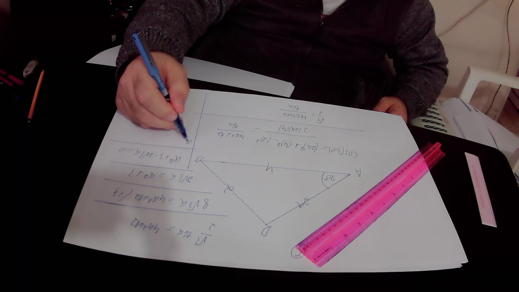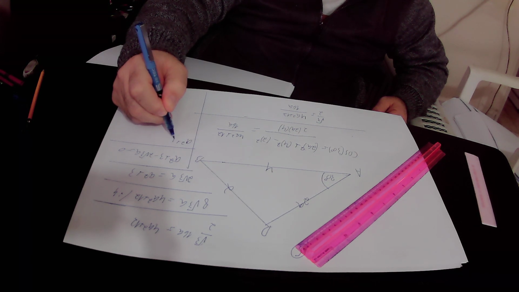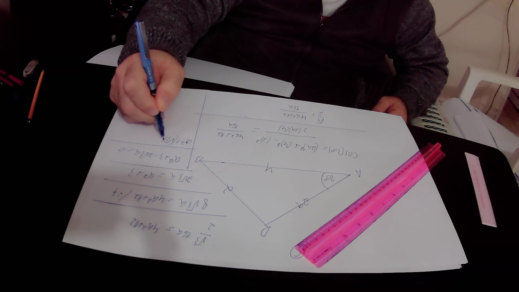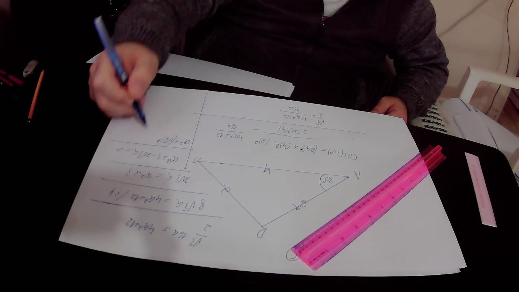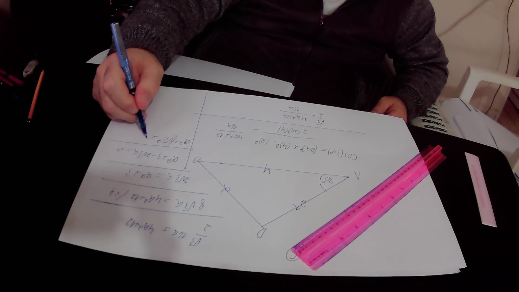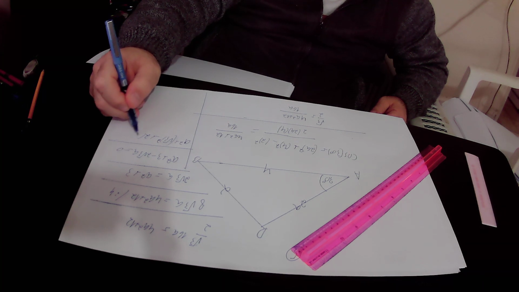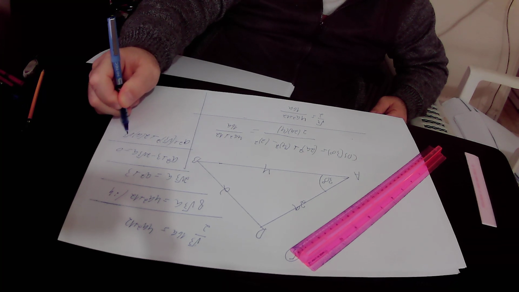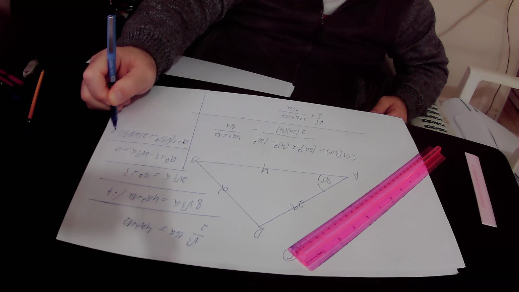We get that a squared plus square root of 3 squared minus 2 times a times square root of 3 equals 0.